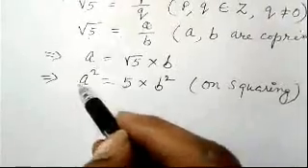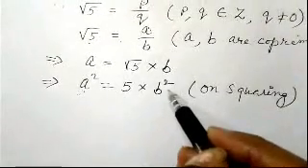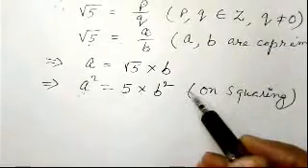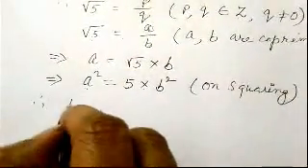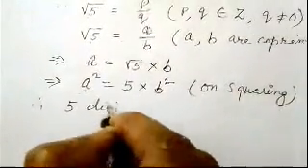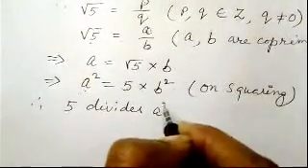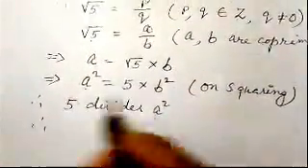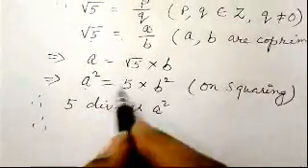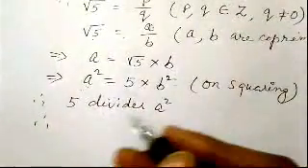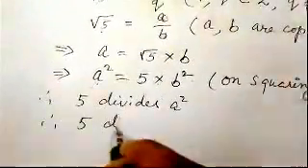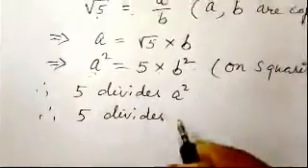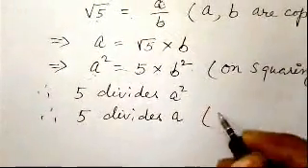How do we know that it is exactly divisible? Because here the remainder is 0. There is nothing written over here. So we can say that 5 divides A square, that means 5 is a factor of A square. Therefore 5 divides A. This is a theorem.